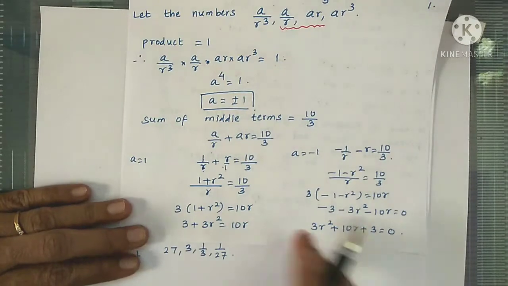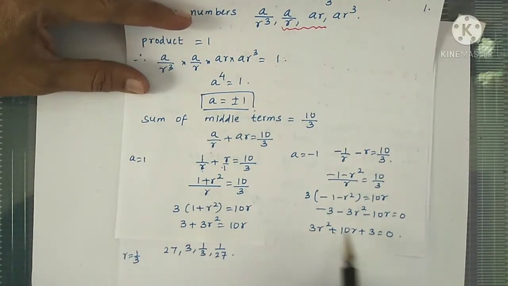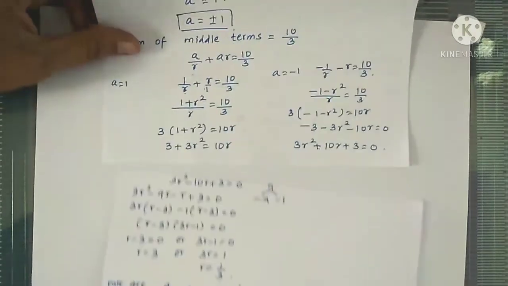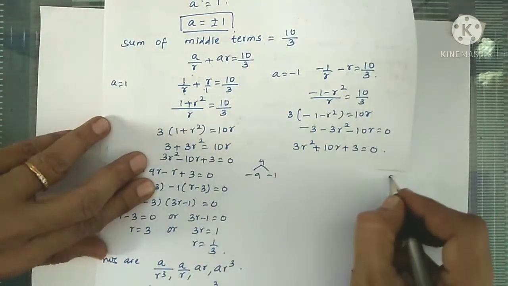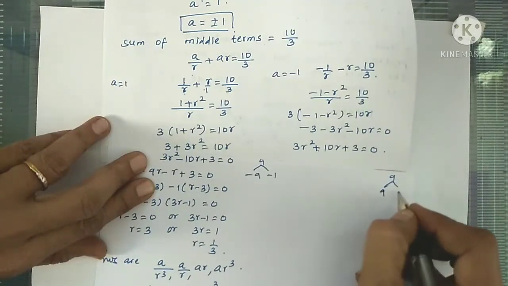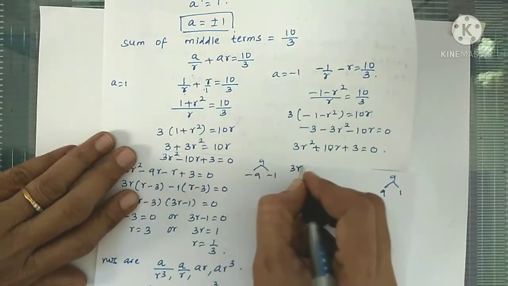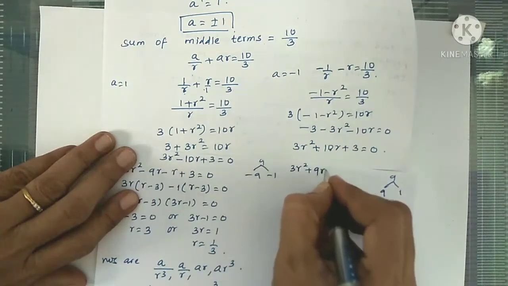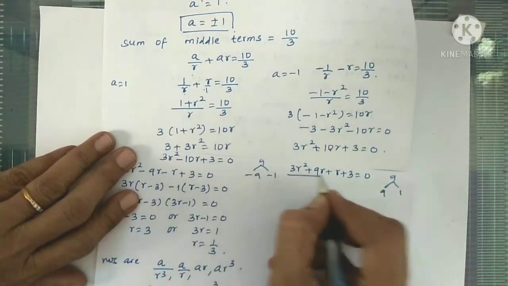Now in the previous one we had a minus sign here. Now in this equation we have a plus sign. So the factors are, here the product is 9 and we have to consider 9 into 1, 9 plus 1 is 10. So this is 3r² + 9r + r + 3 = 0.